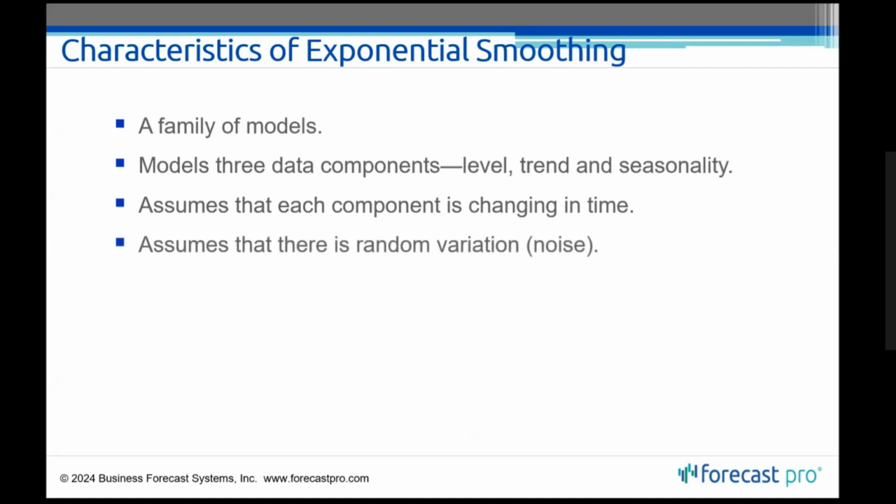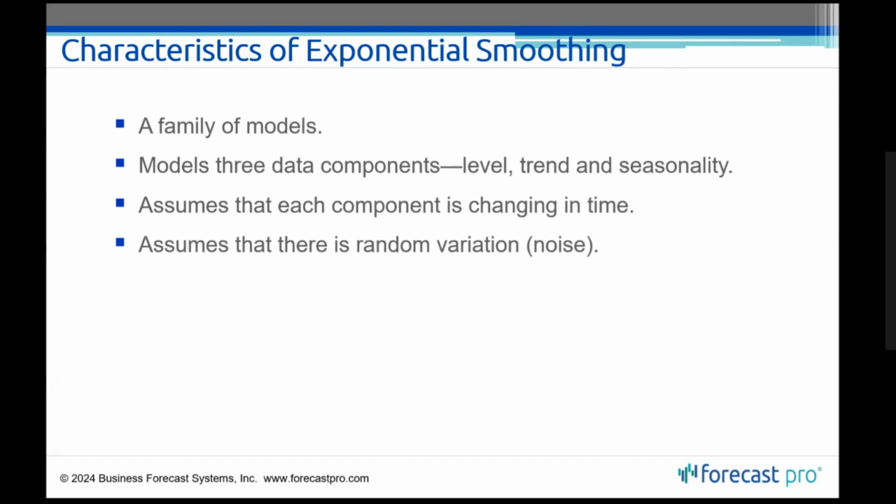It also assumes that there's random variation in the data, and so that there are parts that we can't explain. And people sometimes call that random variation noise. If you think about it, if something has a lot of random variation, then you want to do a lot of smoothing or averaging.